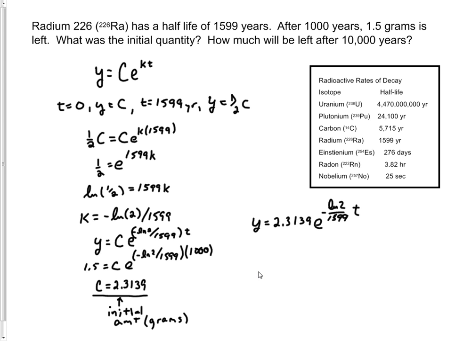Right, and the question was asked, what will be left after 10,000 years? All right, well, let's work that out. y will equal 2.3139 times e to the negative natural log of 2 over 1,599 times 10,000. 1, 2, 3, 4 big old zeros right there.